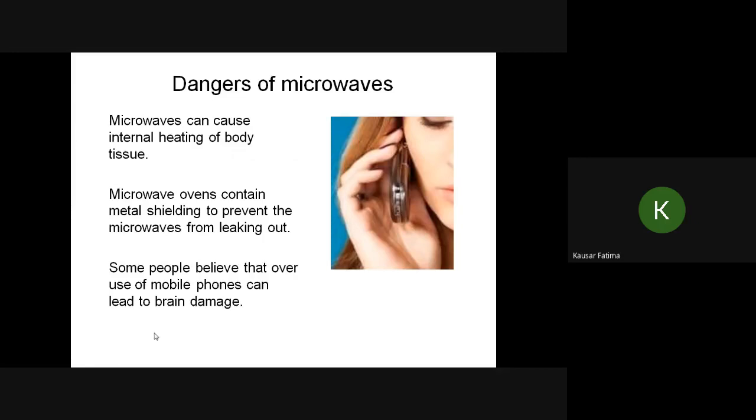Excess use of these radiations is dangerous for the human body and for animals as well. Too much use of a mobile phone may lead to brain damage, because mobile phones also make use of microwaves. That is why at night, especially while sleeping, you should keep your mobile phones shut down, so that these radiations do not cause any harm.